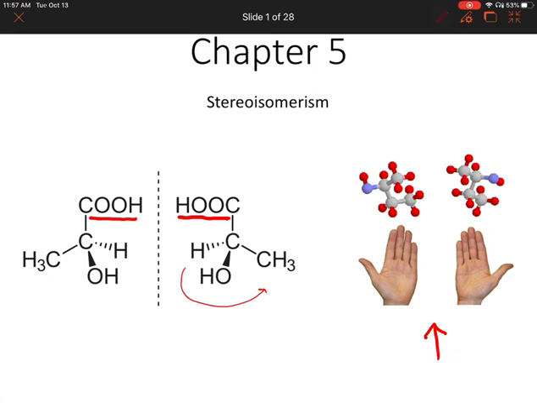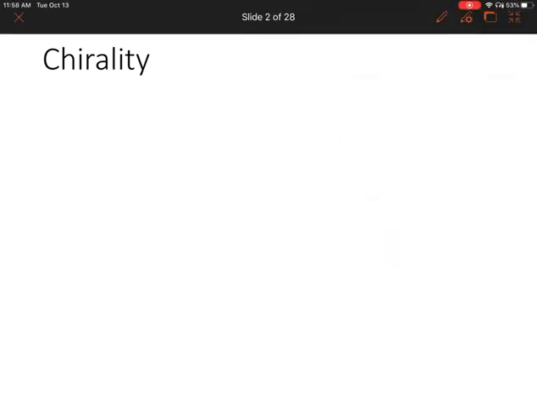So let's talk a little bit more about that, but first we have to go over a term called chirality. So chirality, this word comes from the Greek word, I can't pronounce this, but it's K-H-E-I-R, Keir, I think, or care.